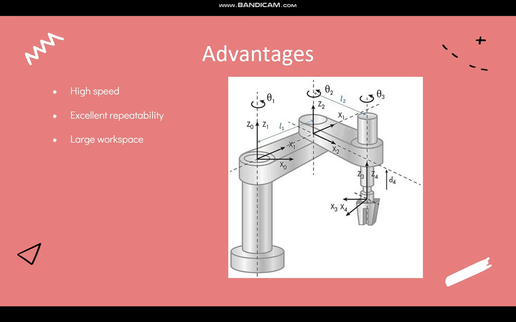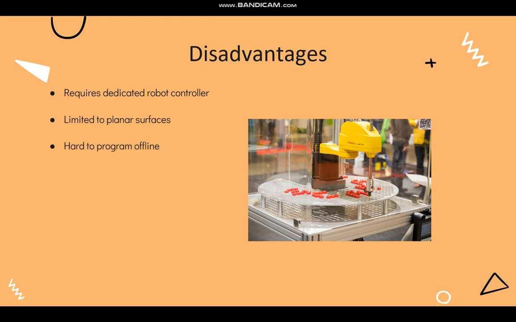The advantages: works at high speed, excellent repeatability, and large workspace. Disadvantages: requires a dedicated robot controller, limited to planar surfaces, hard to program offline.